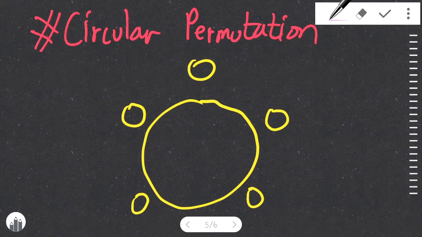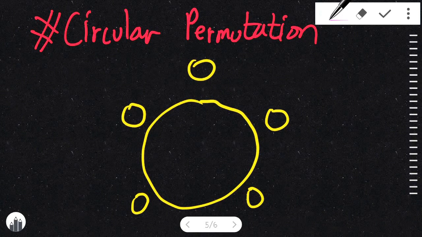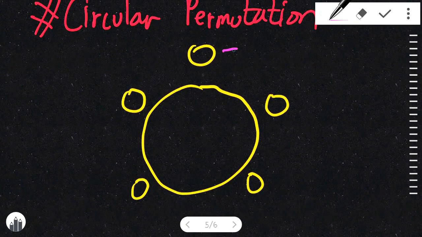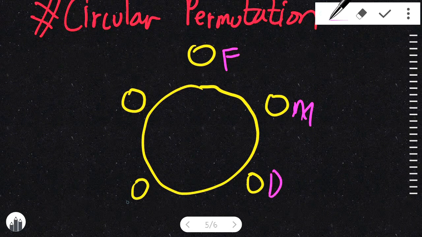The last stage for today is the circular permutation. Let's say a family is trying to sit at a table: father, mother, a daughter, son, and a puppy. What will be the total number of possible events of the family sitting at a table?